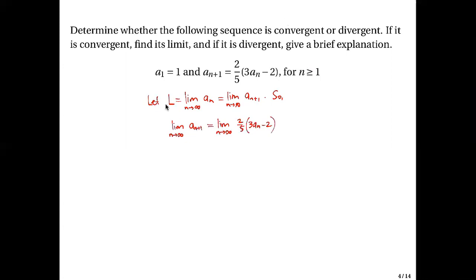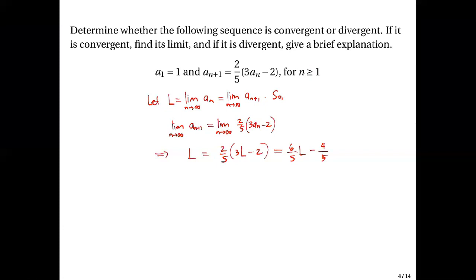But again, from this assumption, the left-hand side is just L. The right-hand side will be 2 over 5 times (3L minus 2). And then you can just distribute this 2 over 5 over this difference. We'll get 6 over 5 L minus 4 over 5.